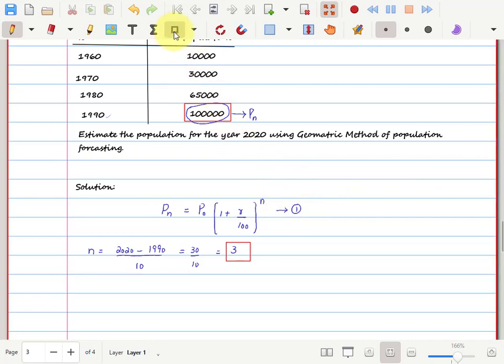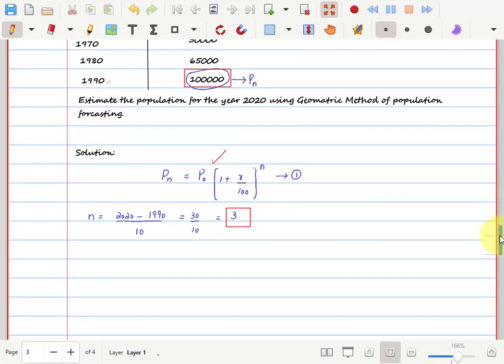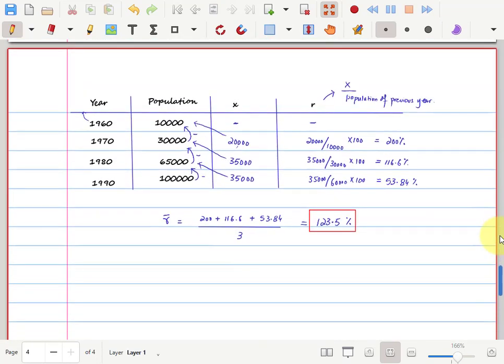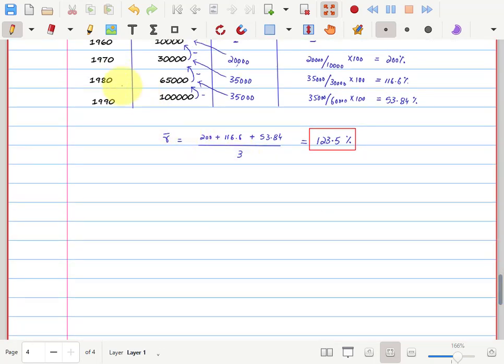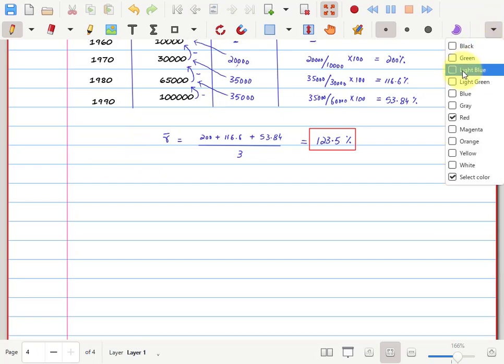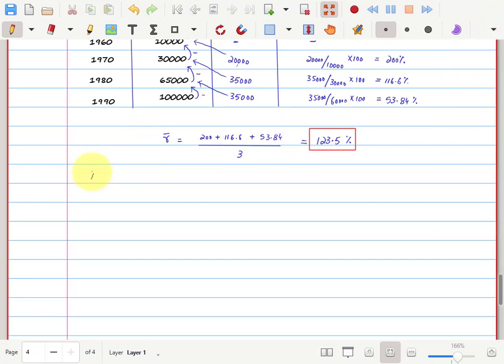Now we just need to put all these values in equation number 1. So let's see. Equation 1 will become population Pn is equal to P naught into 1 plus R divided by 100 power N, right?